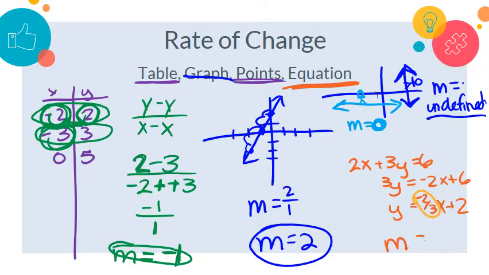So I would say m equals negative 2/3. Whatever number's in front of the x is your slope. All right, if you need more help on this, check your notes. See the Sabre Center. You've got everything you need to keep working on this topic.